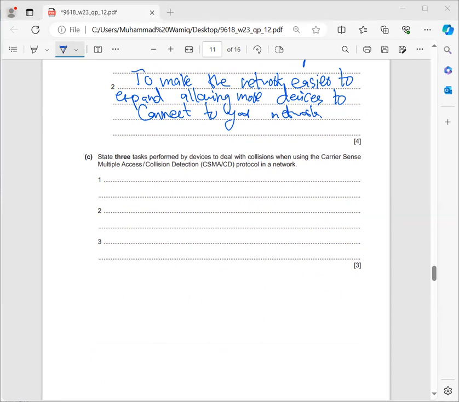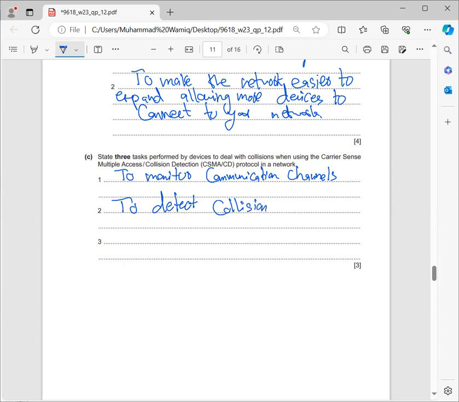The first task can be to monitor communication channels to detect collision and stop transmission, or you can also write to retransmit your data. We had a long class on CSMA/CD, and I told you about it, so I hope I do not need to explain it again.